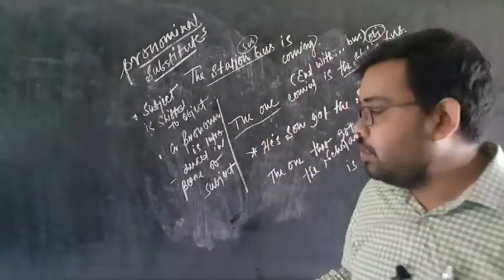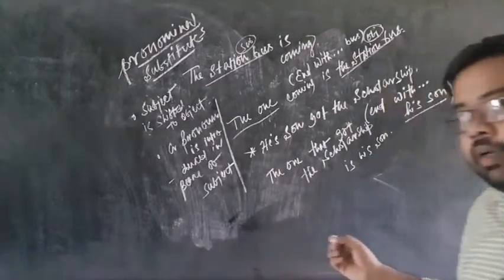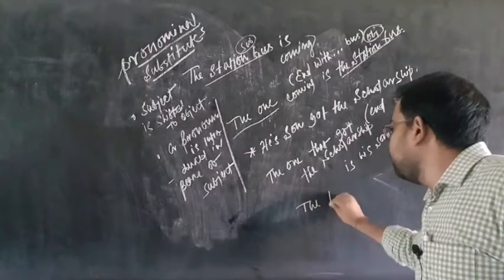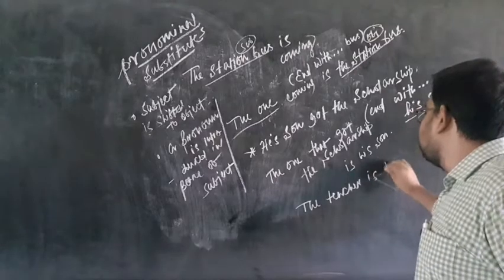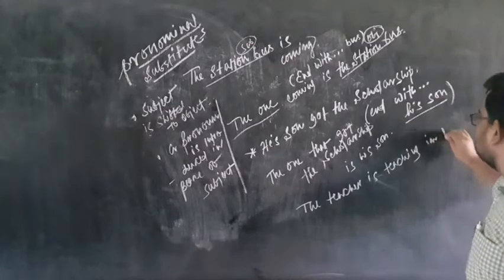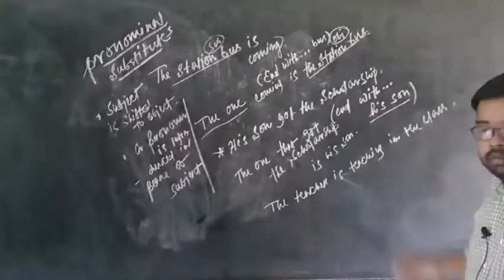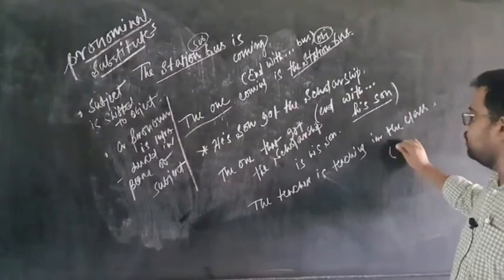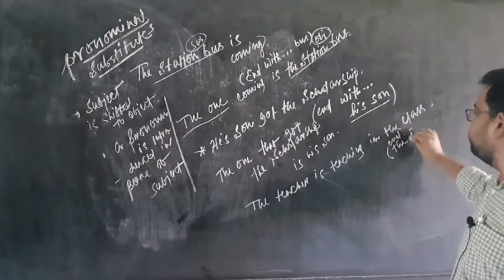Now, for better understanding, I am giving you one more example. Hopefully this is visible. The teacher is teaching in the class. What you have to do? You have to end this one with the teacher.